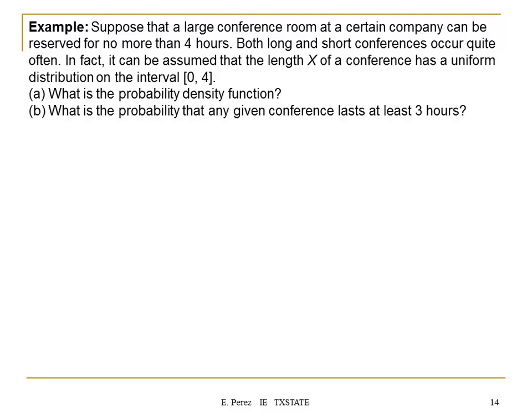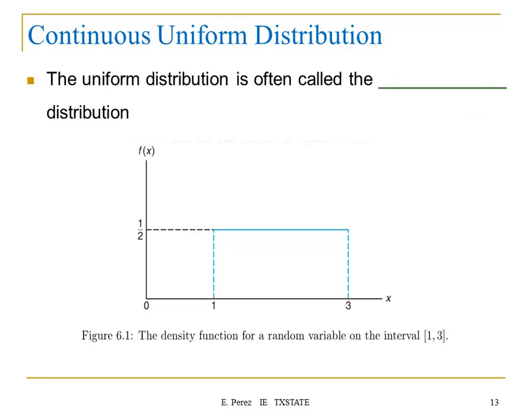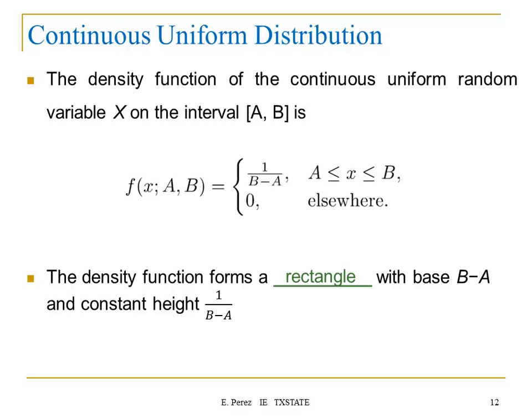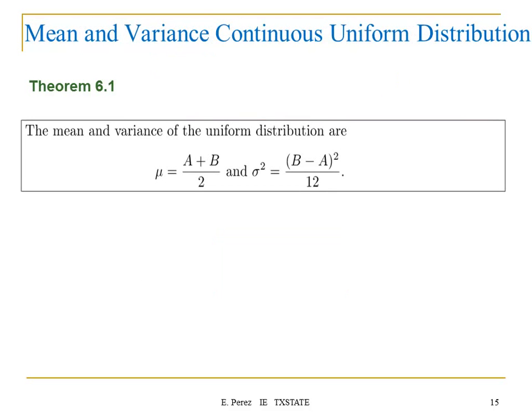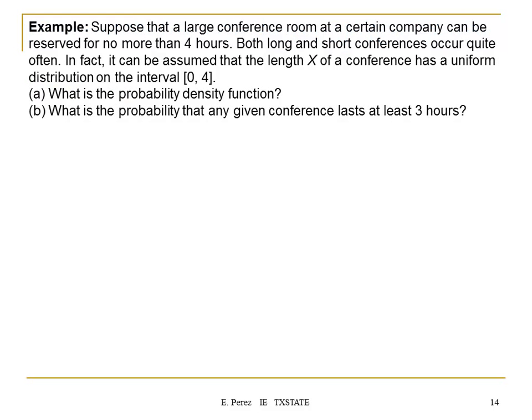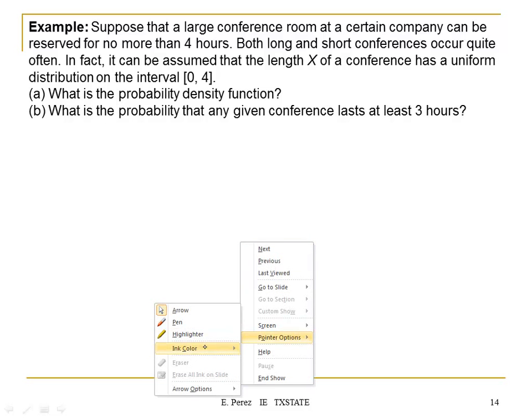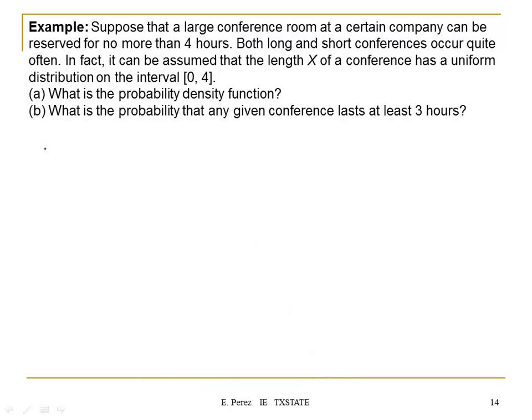So the question is, what is the probability density function for this problem? Coming from the definition of the PDF for a uniform, we're going to define the PDF for this problem. The PDF of a uniform is given by 1 over b minus a. So in this case, what is the value of a? 0, correct. So a equals 0 and b equals 4.